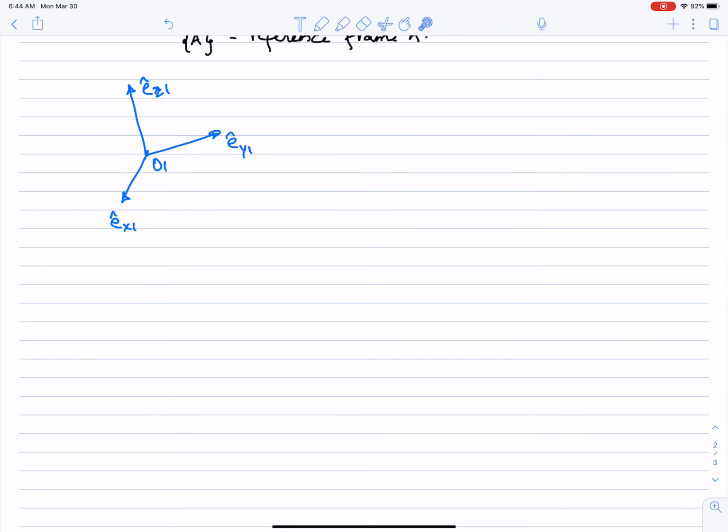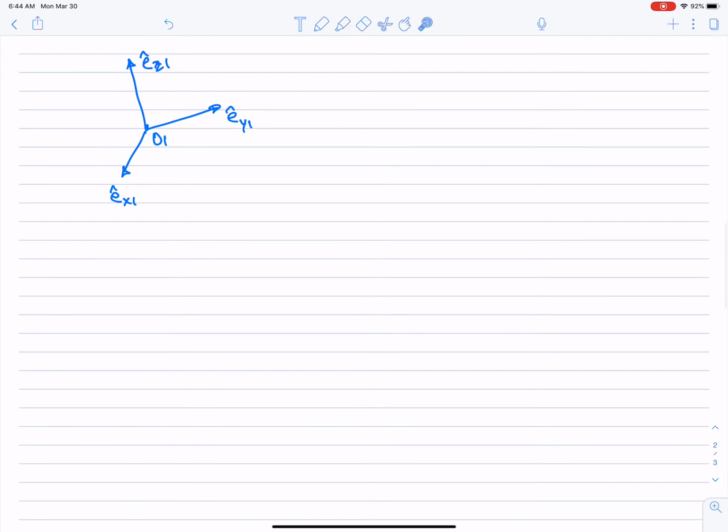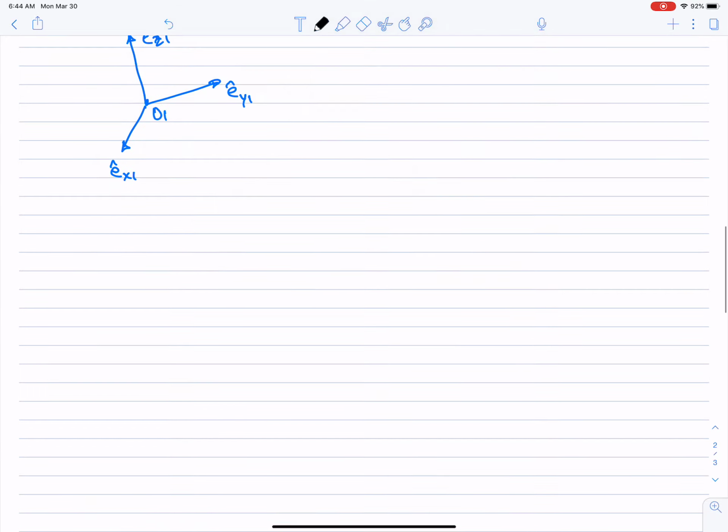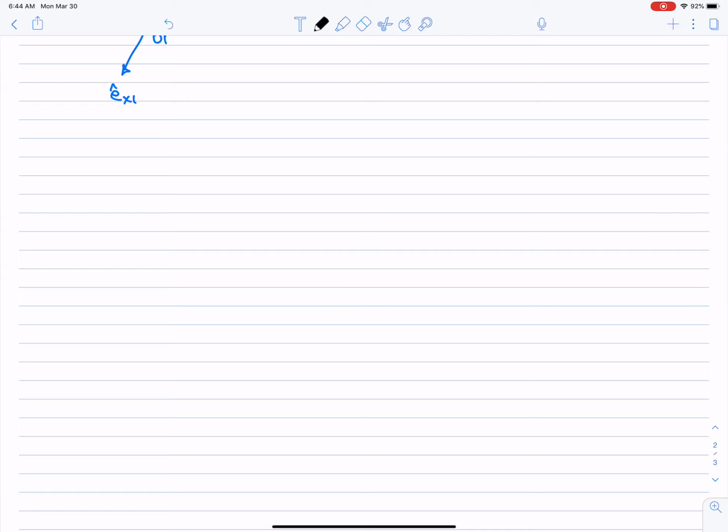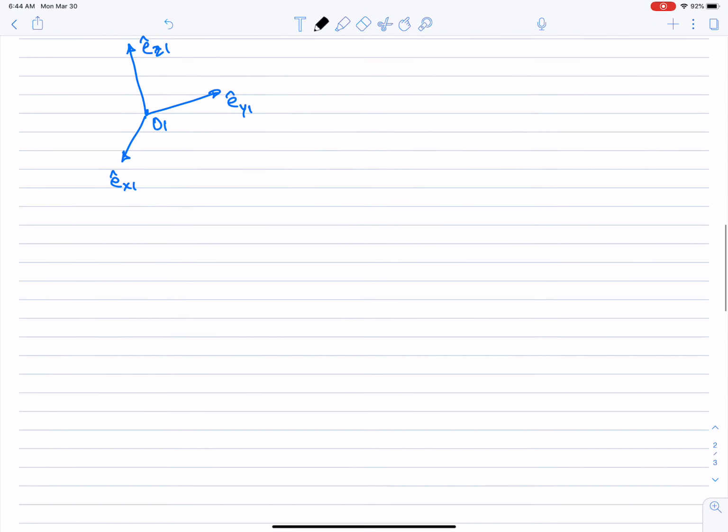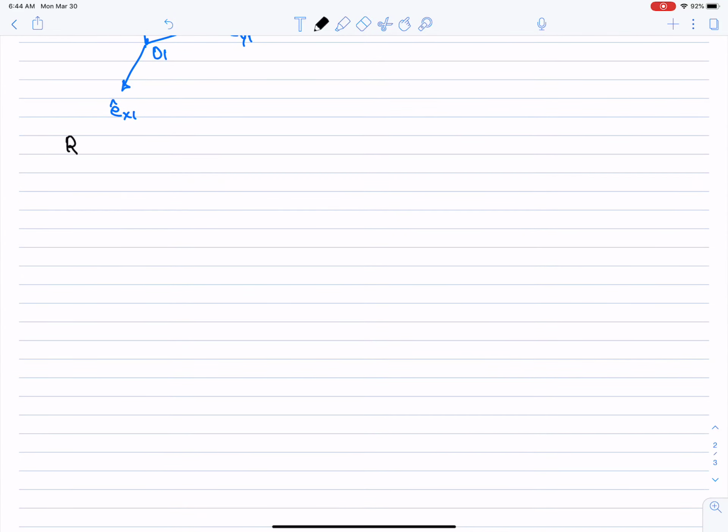Okay, now how do we represent the rotations of such a reference frame? Let's say we have this reference frame rotate. How do we represent that? So that's the next topic. Rotations of frames.